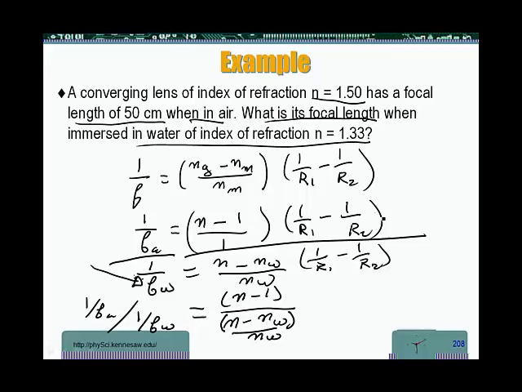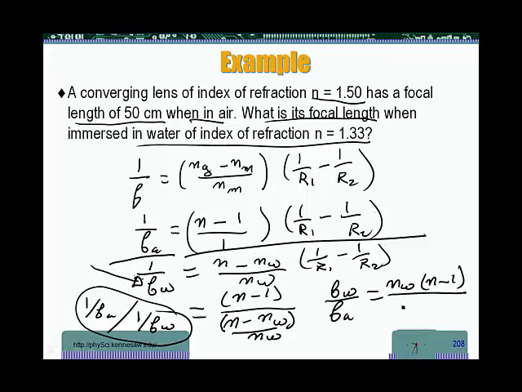Okay, now this is wonderful because it makes things easier for us. And rewriting the equation, f water over f air is equal to n w times n minus 1, over n minus n w. And we just plug in our values now.